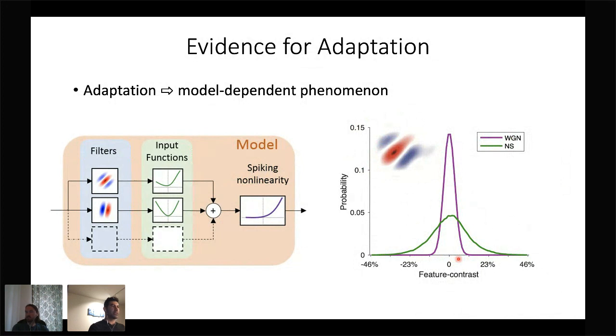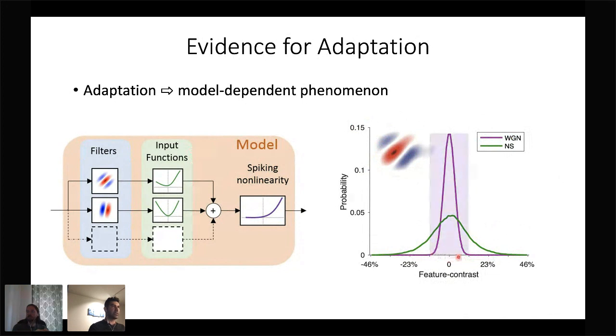To see if this is actually the case, we did a separate control analysis in which for each cell we matched the range of feature contrast on natural scenes to the range of feature contrast on white Gaussian noise, and we estimated the number of receptive filters for cells under this matched feature contrast natural scenes.